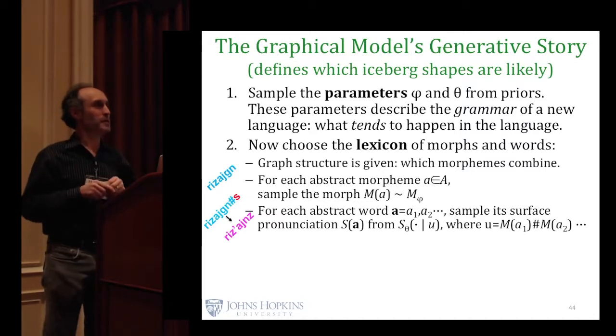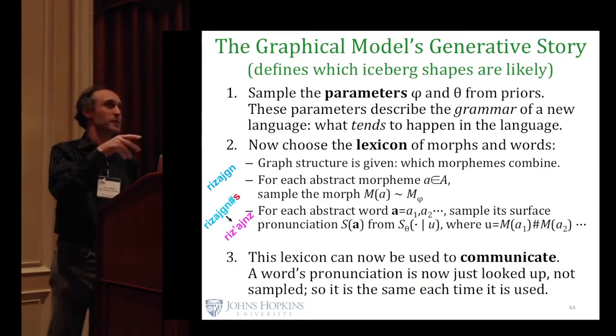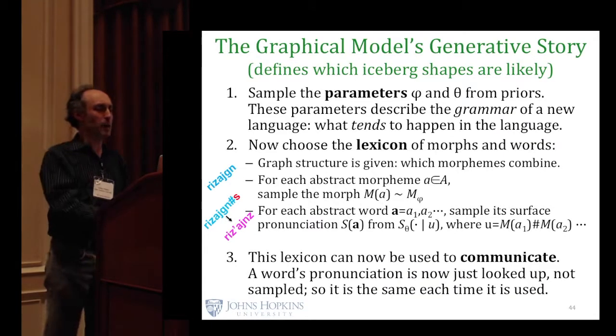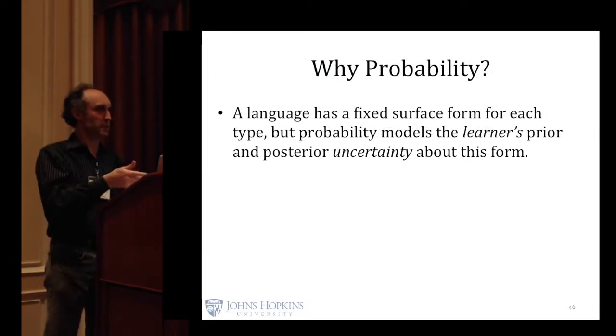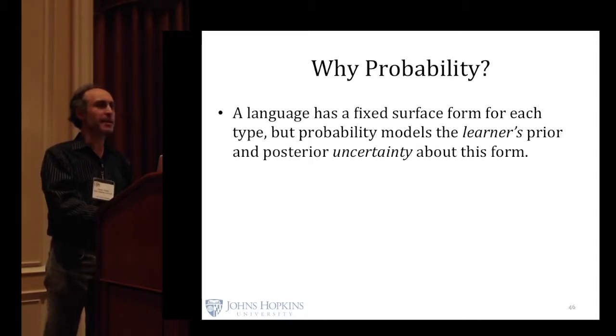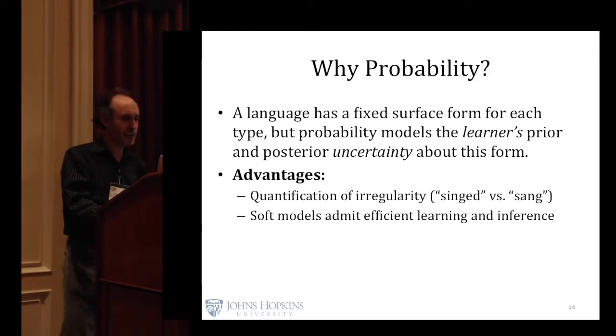And so we pick one of those stochastically, and then whenever we actually need to talk, we just always use that form. So we're not using probability here to model token-to-token variation, which is one way that probabilities have been popular in the phonological community. We're using it to model our uncertainty about what the types look like. So this allows us to quantify the degree to which things are irregular, as in Chris Karoff's talk yesterday.